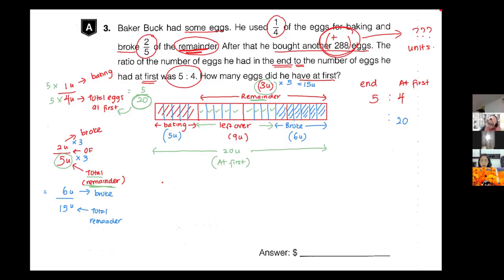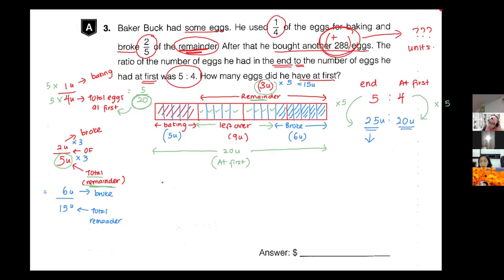So from 4 units to 20, I times 5. So over here, you must also times 5. So 5 times 5 gives you 25 units. 20 units is what he has at first, which is what I want to find out.